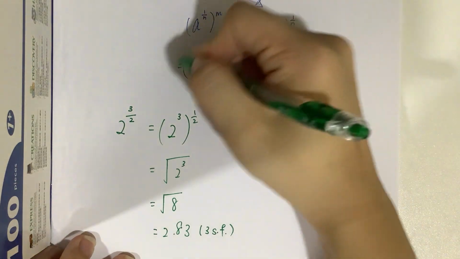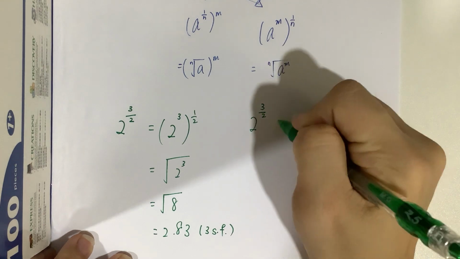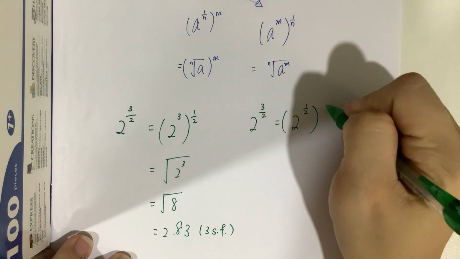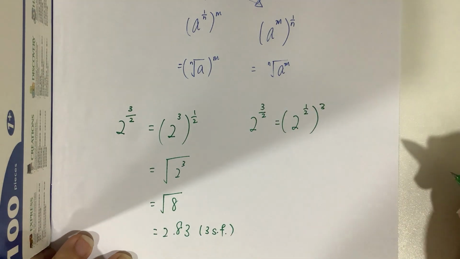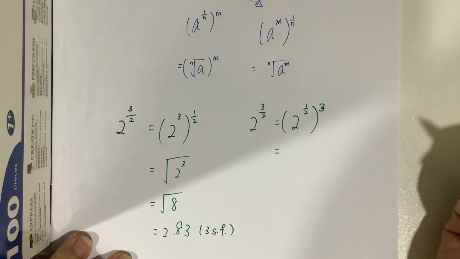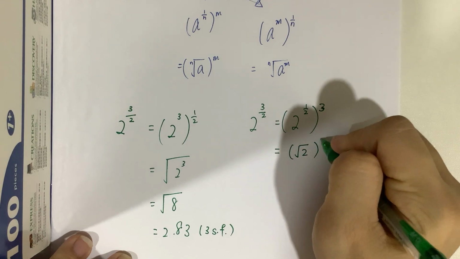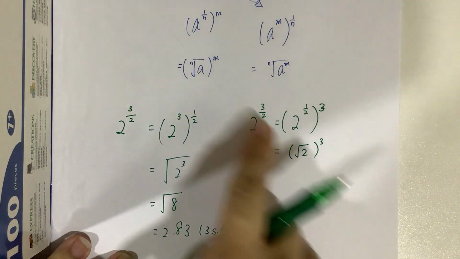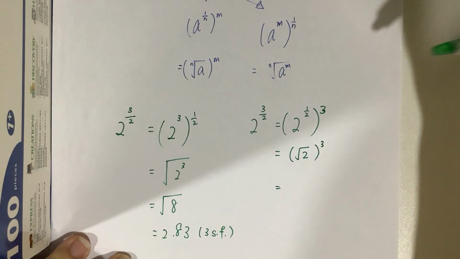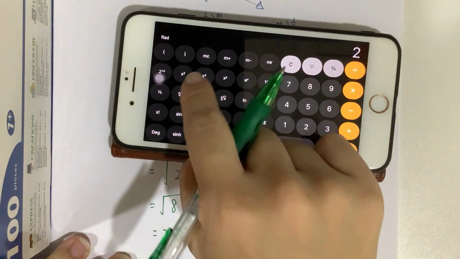Then let's try out this one. 2 to the power of 3 over 2, I can write down as 2 to the power half, and the entire thing to the power of 3. So 2 to the power of half, which is square root 2, and the entire thing to the power of 3. So I'm doing this step. Then let's try the calculator.